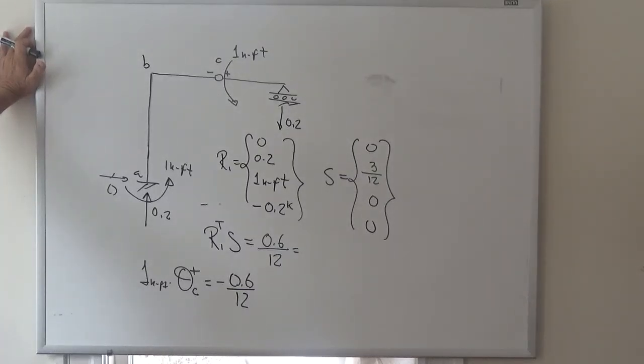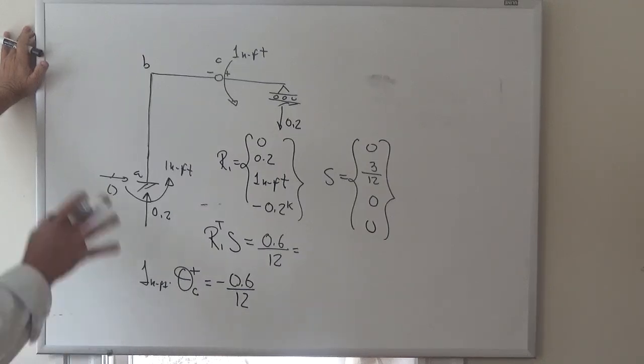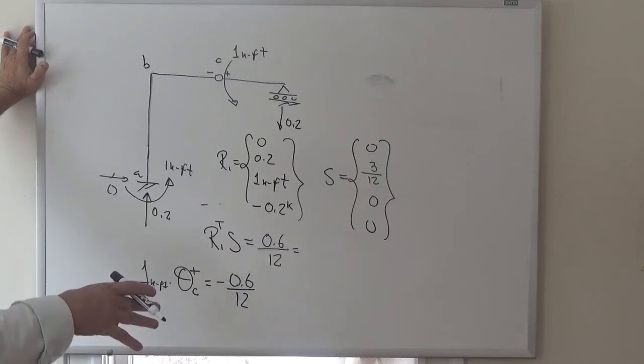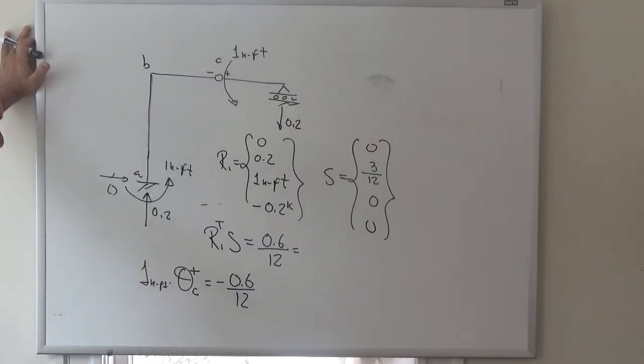Did I get that right? It looks like there is an error somewhere. Wait. 0.2, 1, minus 0.2. Yes, all that is correct. Wait a minute. Yes, that's fine. No error.